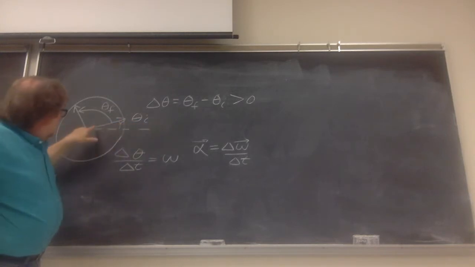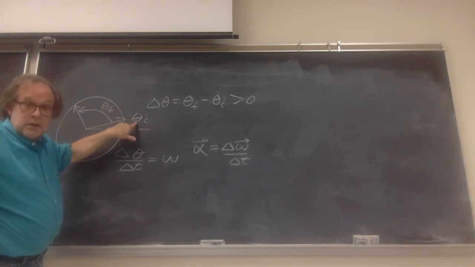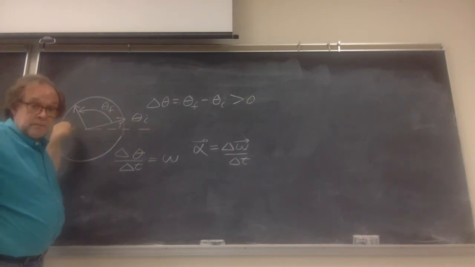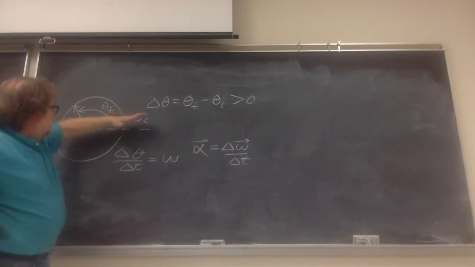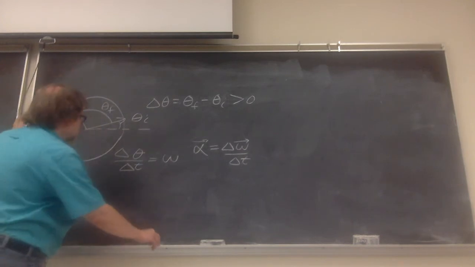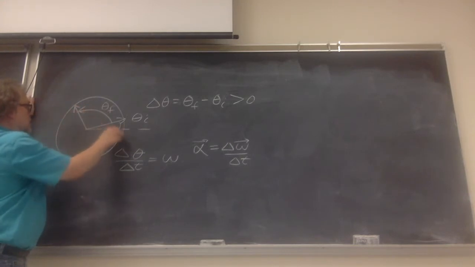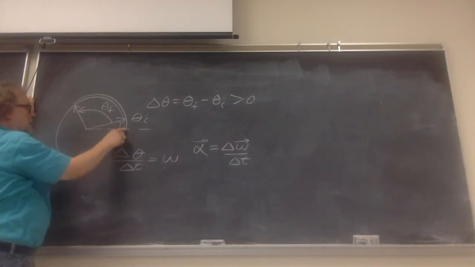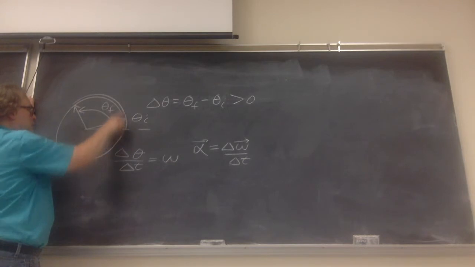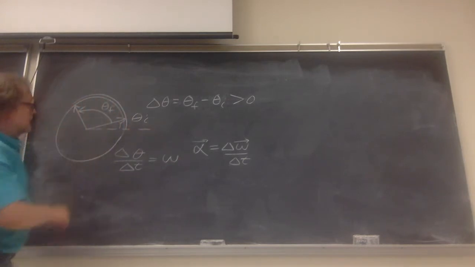And these points are at an angle that we'll say is theta initial away from our reference direction, and then it rotates counterclockwise from here to here until now these points make an angle this large, theta final, with respect to the reference direction.